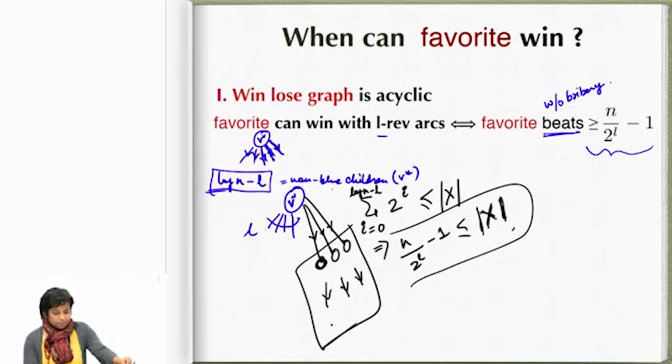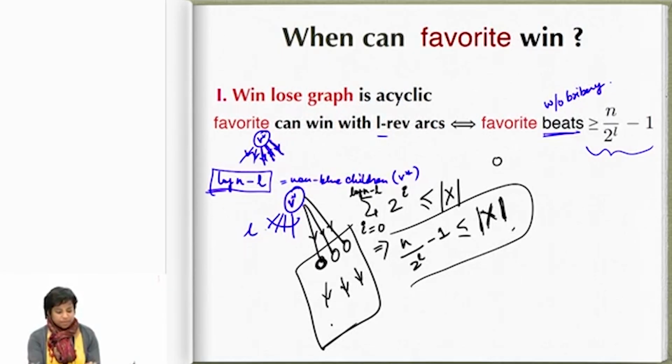So the moment I have a directed acyclic tournament where V star is the unique winner, it means that if I restricted the topological ordering only to these vertices, V star would be the source, meaning V star would be beating all these people. So that basically proves the forward direction, right?